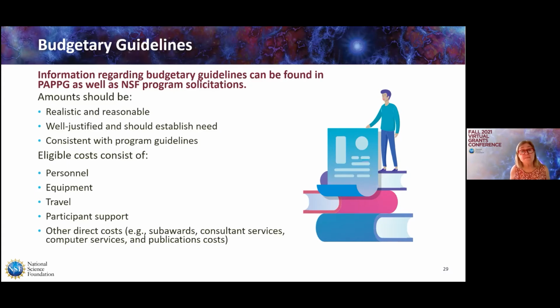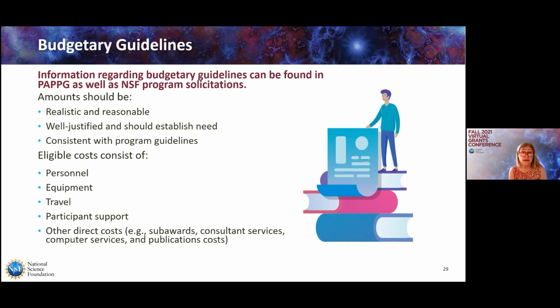Well, what are the major categories of eligible costs? Obviously there's personnel. And NSF is very unique in that it does have a policy in place about the amount of time that may be requested.